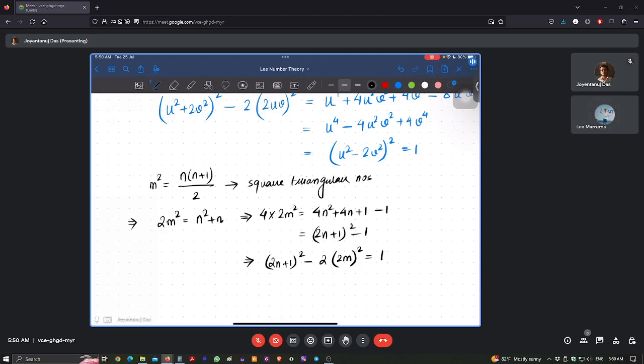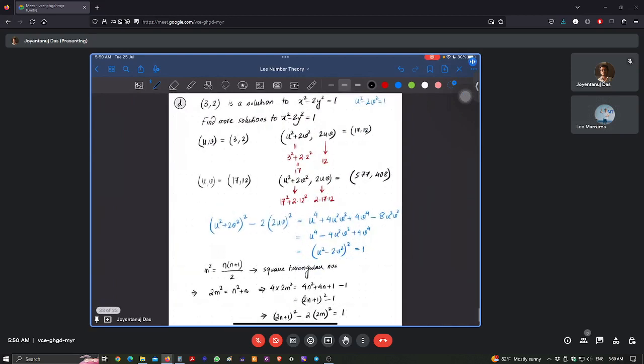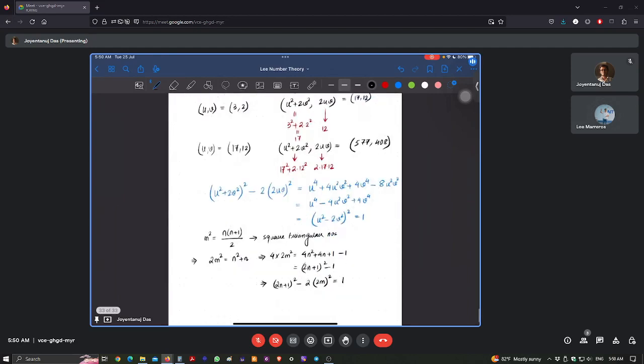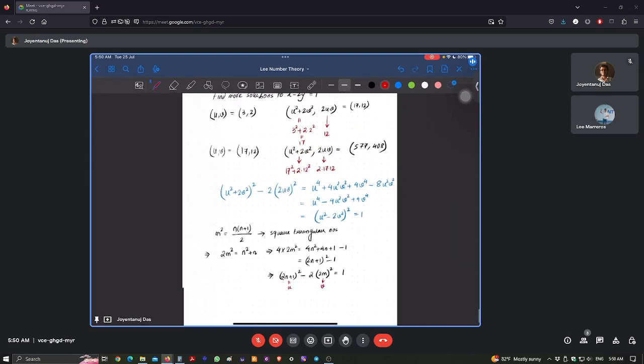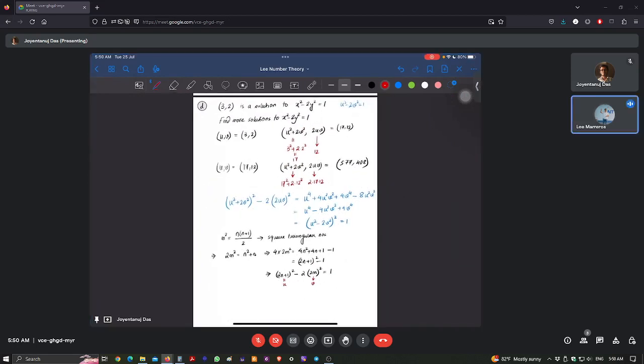So now you can see that this actually matches with our equation, u squared minus 2v squared equals 1, right? So that is of this form. If I take this part as u and this part as v, then it matches our original equation, u squared minus 2v squared equals 1.